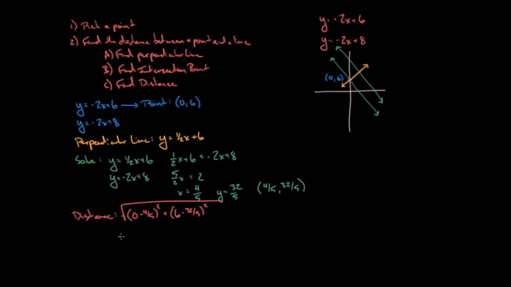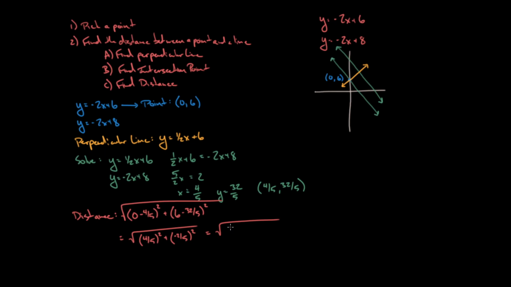Okay. When I simplify this, this is going to be, let's see, the square root of, well, just 4/5 squared plus, and then, all right, so this is 30/5 minus 32/5, so that's just -2/5 squared. That worked out well. Okay. I'll square both of these. Man, I'm going to use my calculator. This is great.